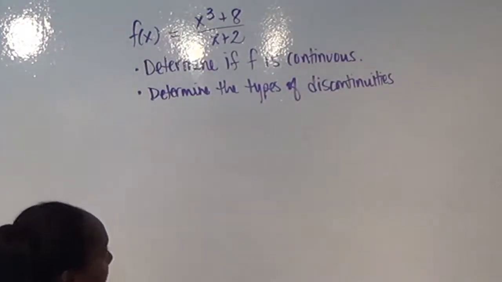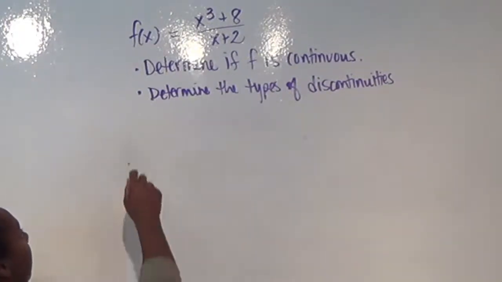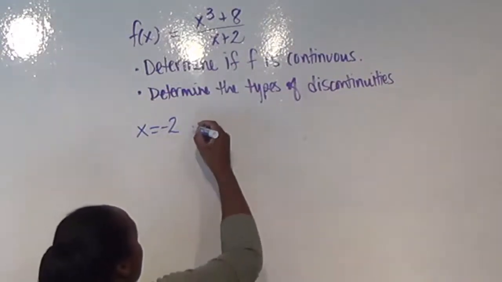So here, if we look at our function, (x cubed plus 8) over (x plus 2), the first thing we notice is there is a denominator in this function, and so we have to consider where the denominator is equal to 0. So here we can see that at x equals negative 2, the function is not defined.